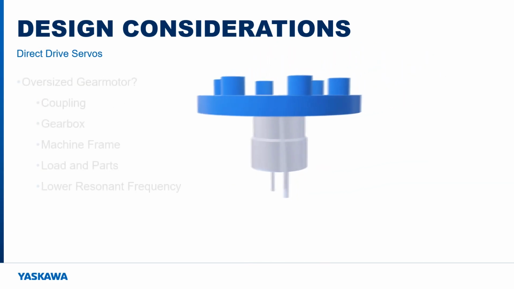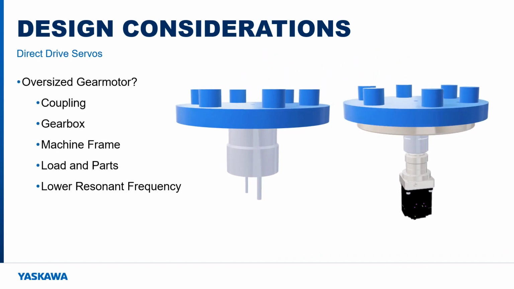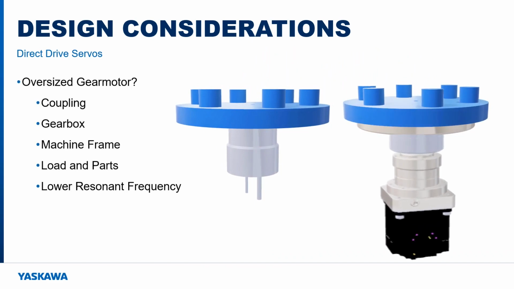Finally, it may be tempting to consider an oversized gear motor solution to beat the initial cost of a direct drive motor, with the intention to compensate for long settling time by programming a faster move. Keep in mind, however, that faster acceleration requires more torque and therefore a larger amplifier, coupling, gearbox, and possibly changes to the machine frame.